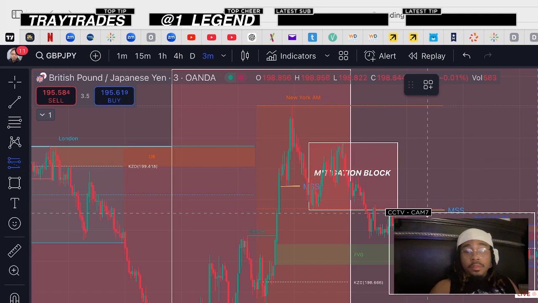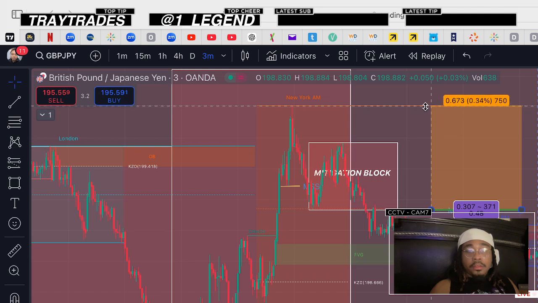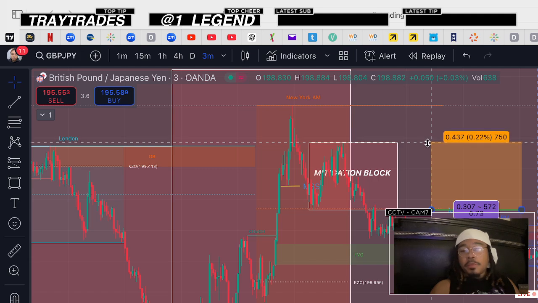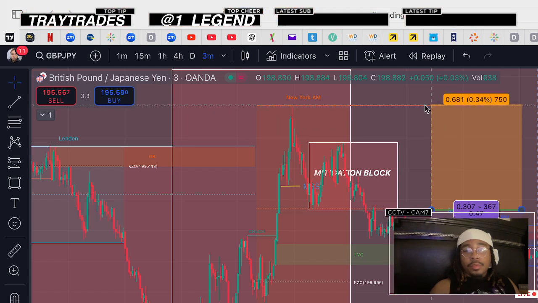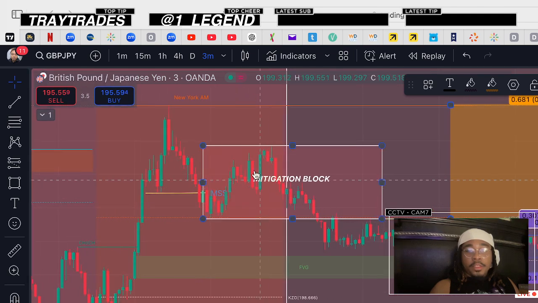I'm looking to sell the mitigation block here, and some people like to put their stop loss at the top of this mitigation block, but I find it risky, and I don't like playing like that. What I would do is have it right here, right there.